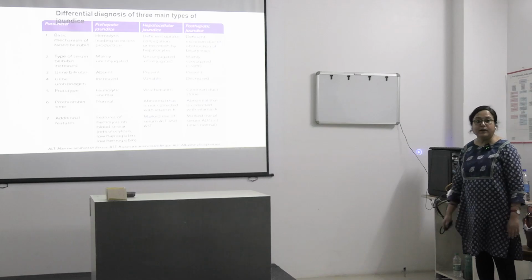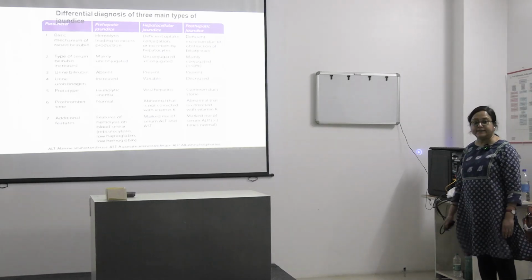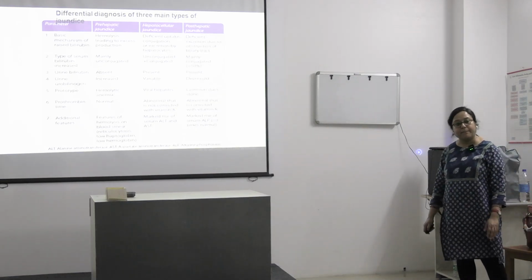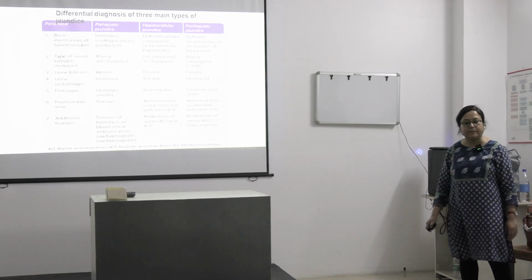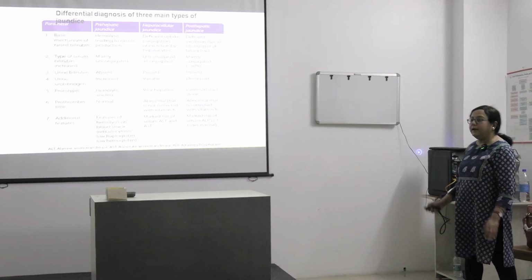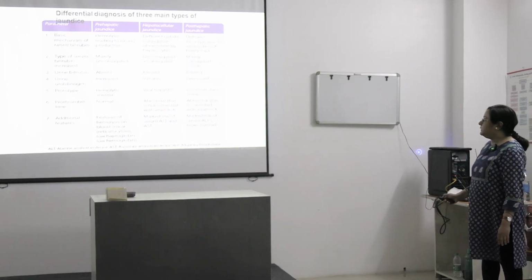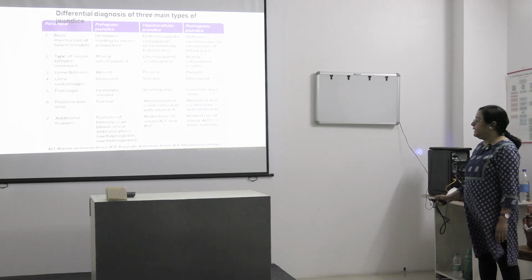In hepatocellular jaundice, there is deficient uptake, conjugation or excretion by hepatocytes. Hepatocellular means the hepatocytes are affected, so the function of hepatocytes will be defective. The type of bilirubin can be either conjugated or unconjugated, and there is marked increase in serum ALT and AST.